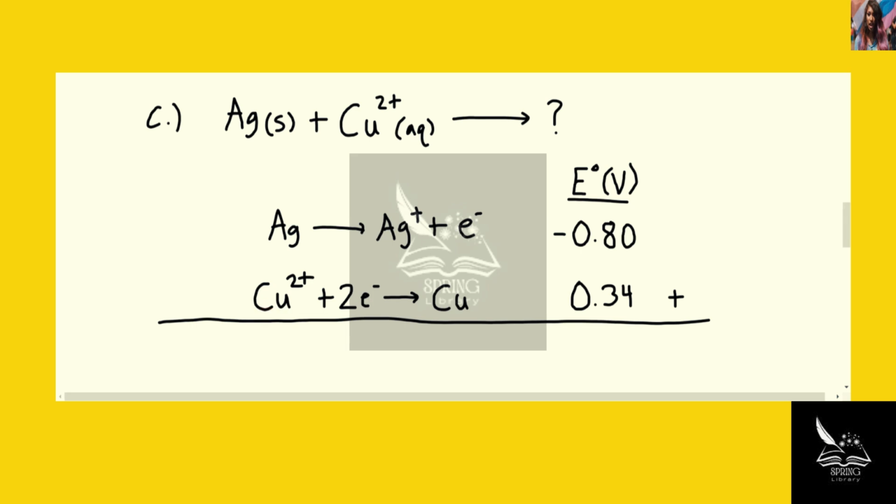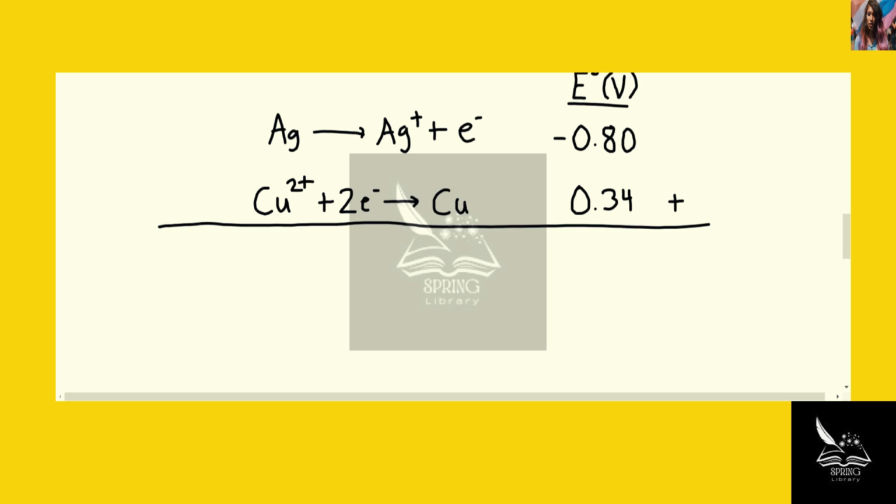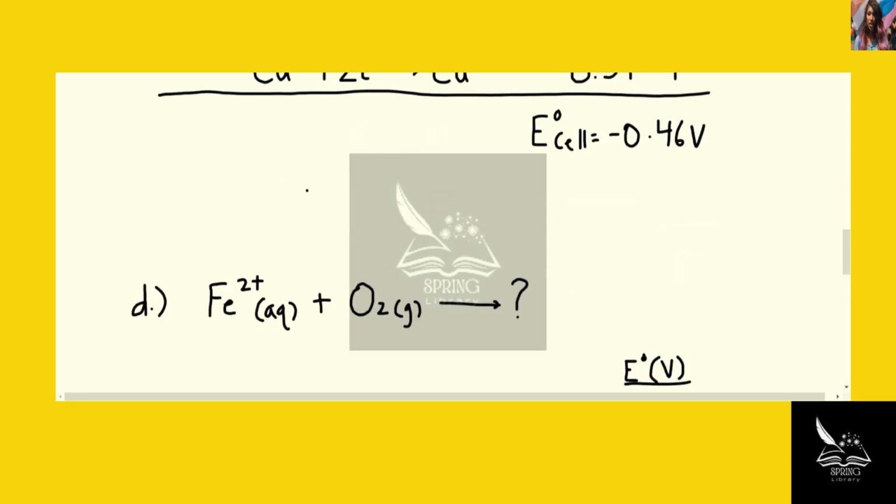Now if we calculate the cell potential after rearranging the two half reactions appropriately, we see that the cell potential comes out to negative 0.46 volts. And just like part A, since the cell potential at standard conditions is less than 0, this reaction is non-spontaneous and will not proceed without an input of energy.